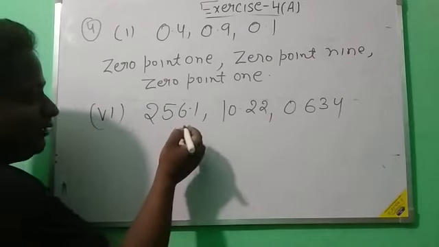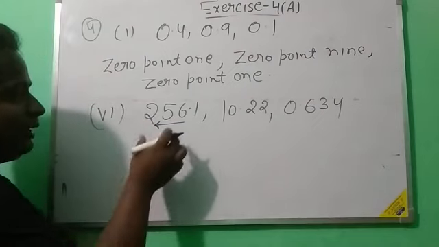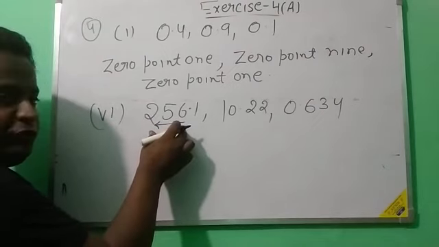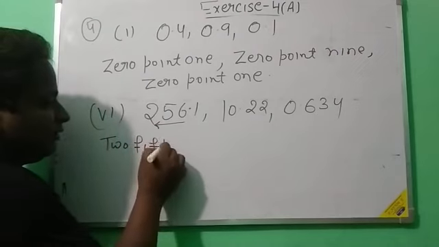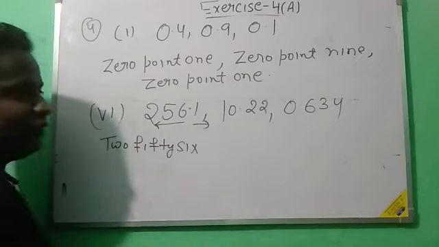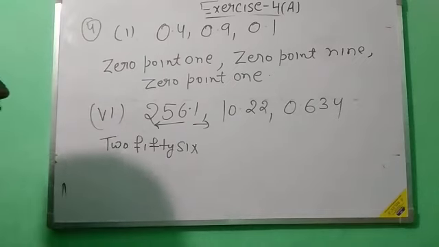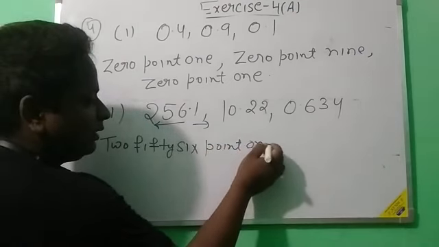So as I have already told you, left side to the decimal you read the number as a whole. So it is 256. You will write 256, and on the number to the right side of the decimal you read as a single number, alone number. So it will become 0.1.